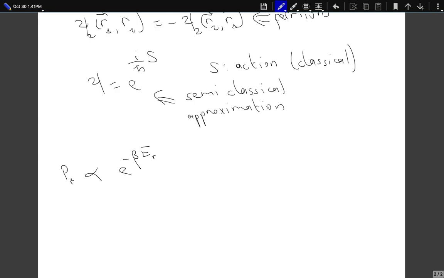I guess we need to have a temperature defined. Okay, so temperature needs to be defined. In general, I guess the equilibrium conditions. The system should be in equilibrium.